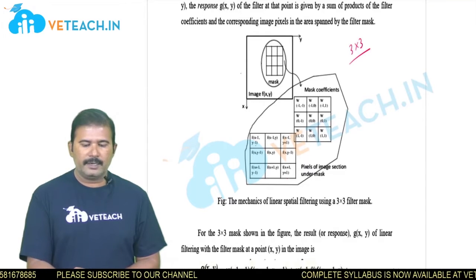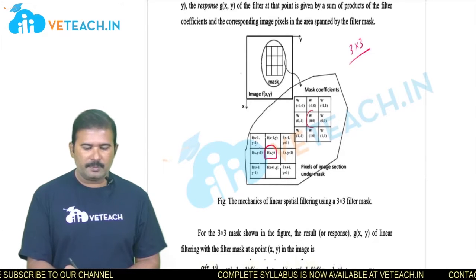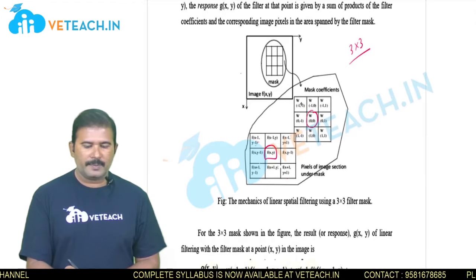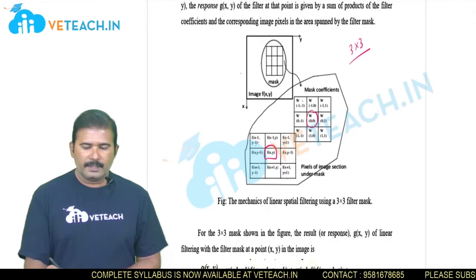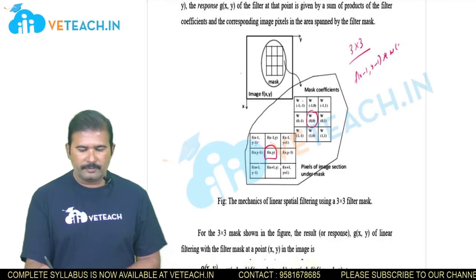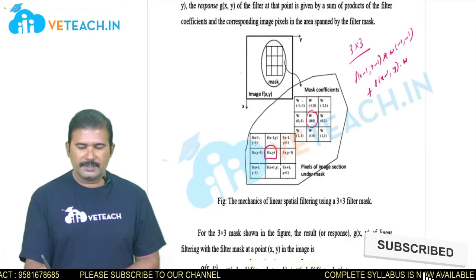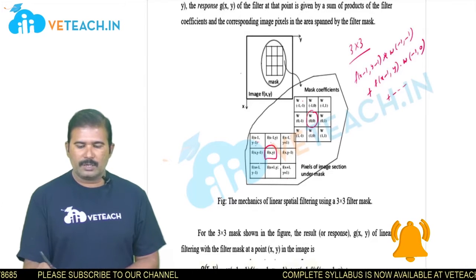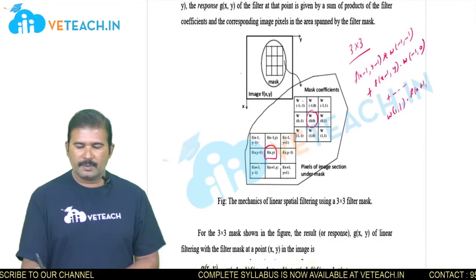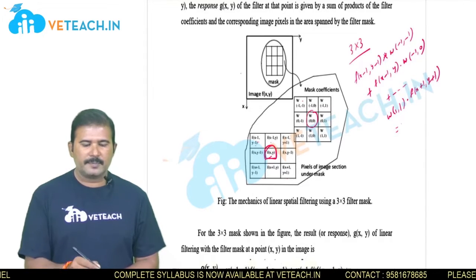That means overlaying the mask on the portion of the image so that the center pixel, f(x,y), coincides with w(0,0). Then find the product of the coefficients: the first coefficient f(x-1, y-1) is multiplied with w(-1,-1), plus the second, f(x-1, y), multiplied with w(-1,0), and so on up to the last, w(1,1), multiplied with f(x+1, y+1). The result is placed at the center pixel value in the image.